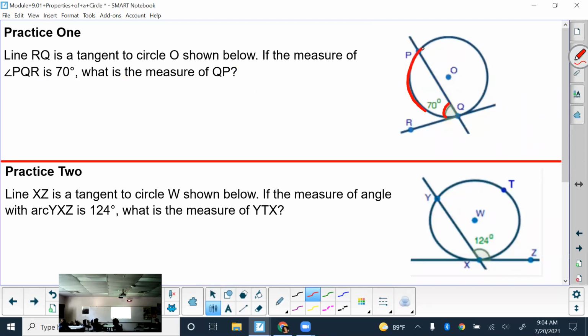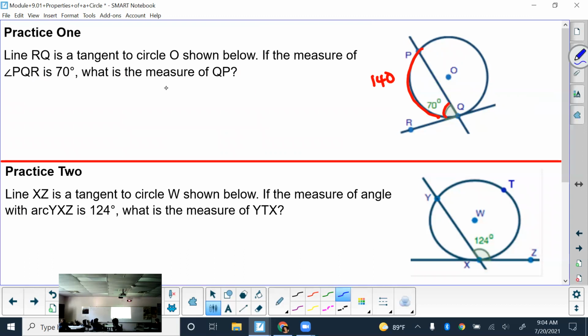What's this arc measure? So it's not a central angle. It's a secant tangent intersection, right? Which says that the angle is half the arc. So if this is half of the arc, then what does the arc have to be? 140.